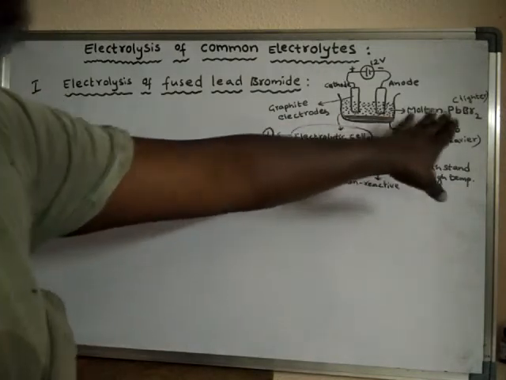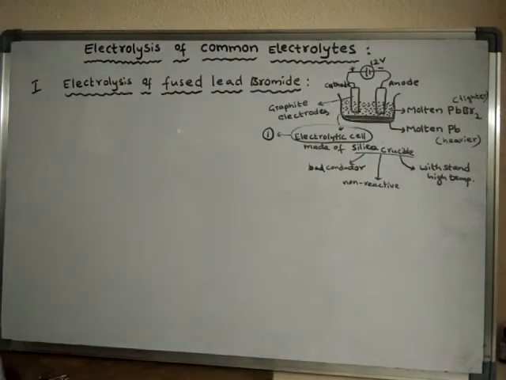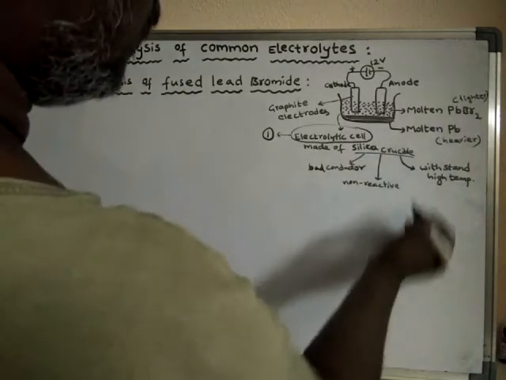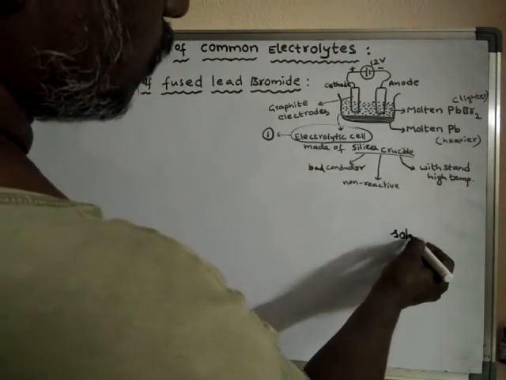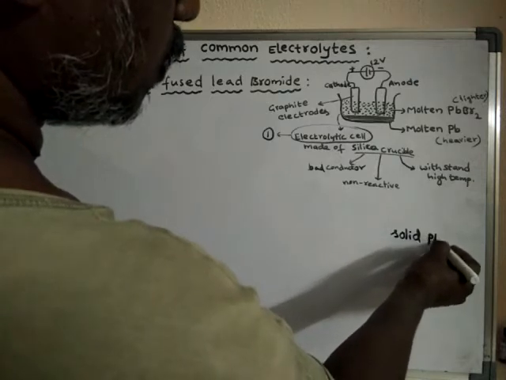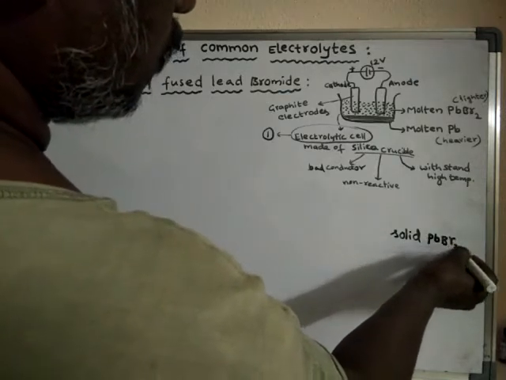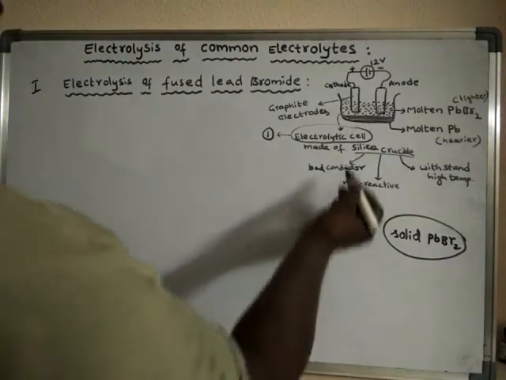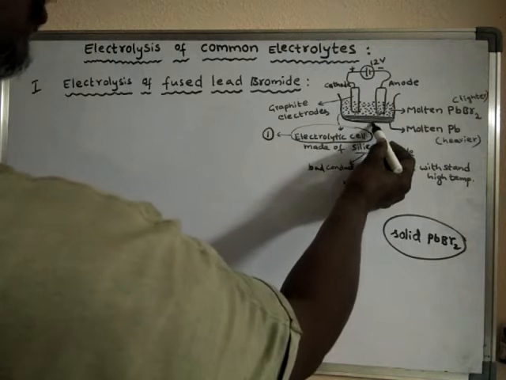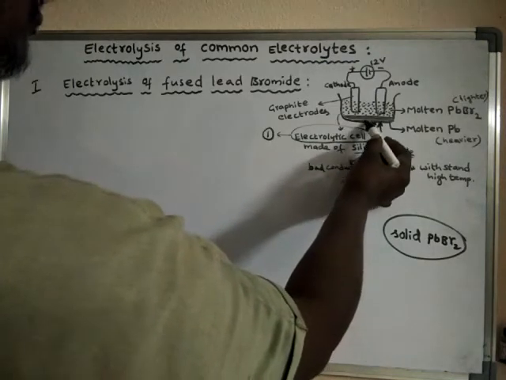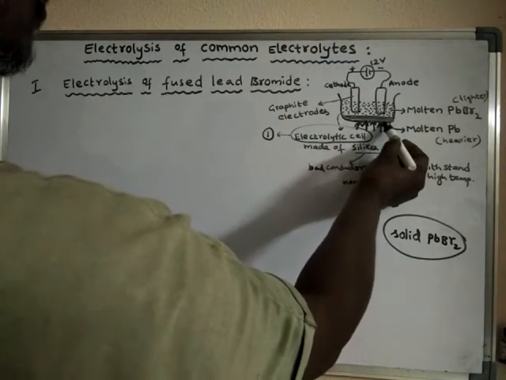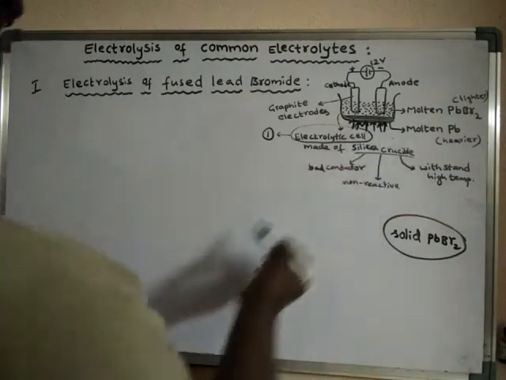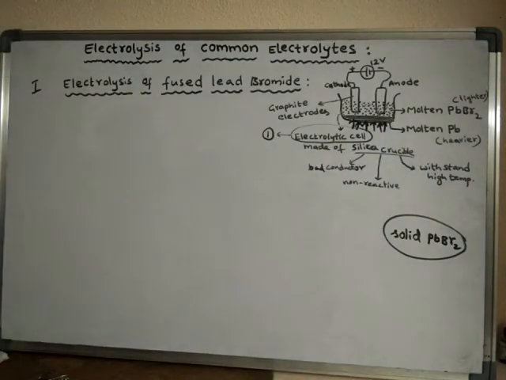Now, into this electrolytic cell we initially pour solid lead bromide and heat it.